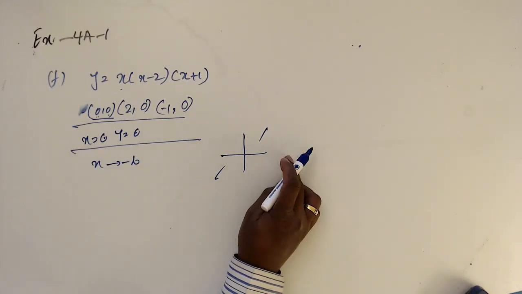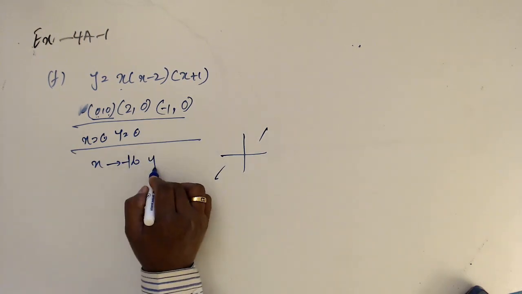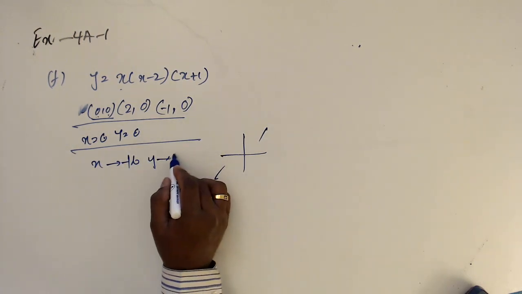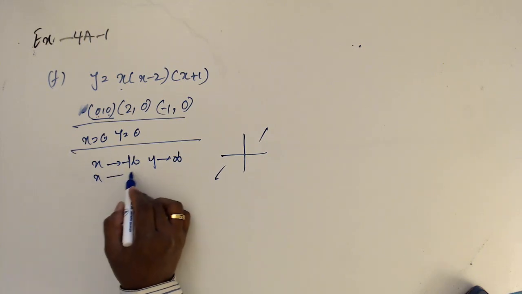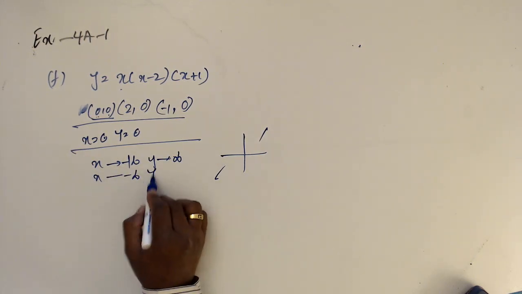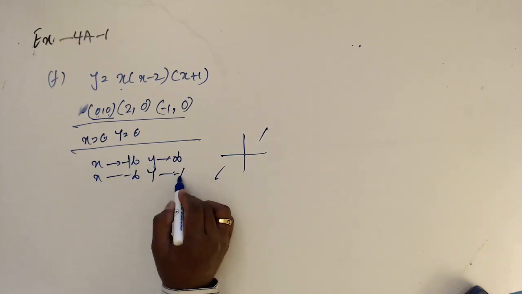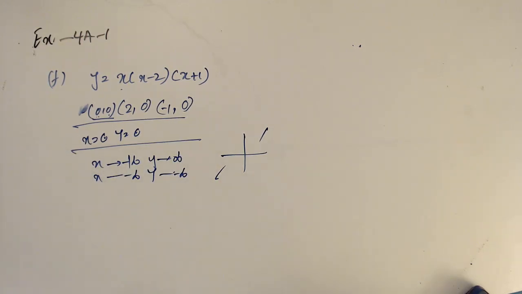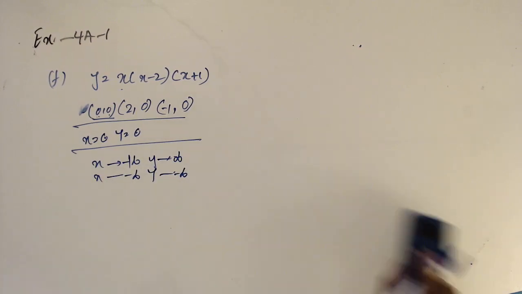This goes to minus infinity, positive infinity. Y also goes to positive. X goes to negative infinity, y goes to negative. And we'll draw now.